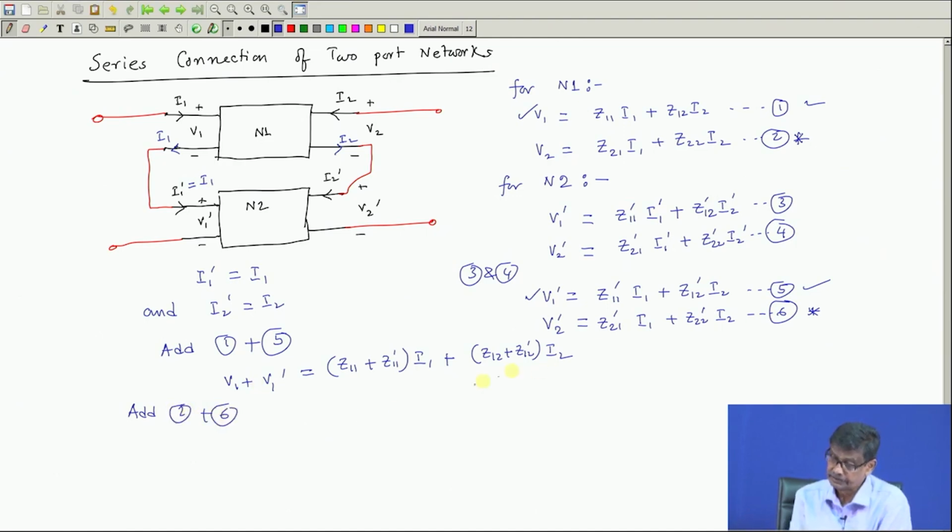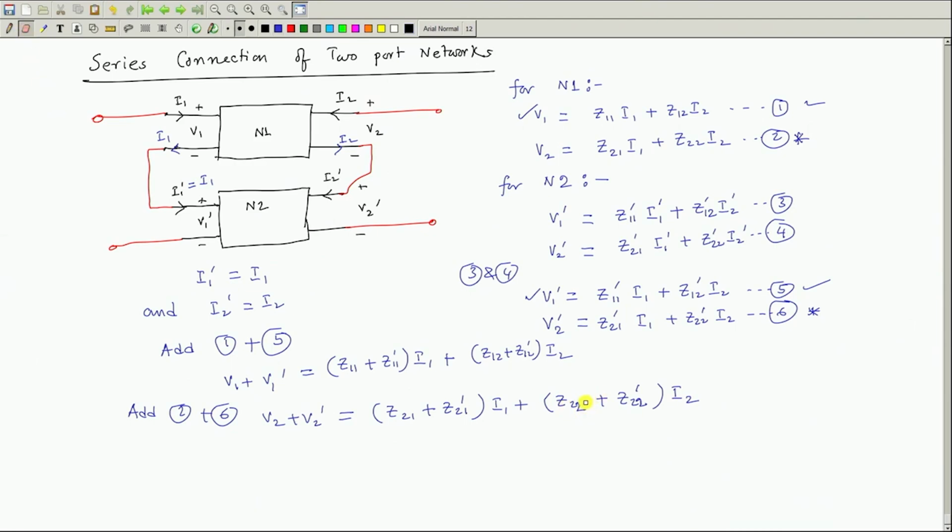If you add 2 plus 6, you will get V 2 plus V 2 dashed equal to Z 21 plus Z 21 dashed into I 1 plus Z 22 plus Z 22 dashed into I 2. This is what I will get.